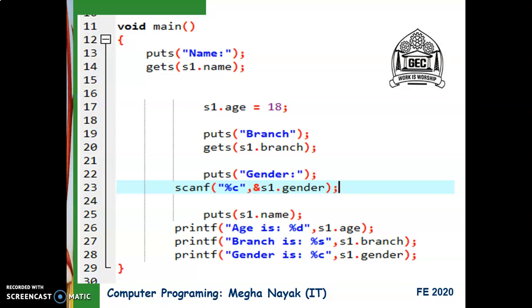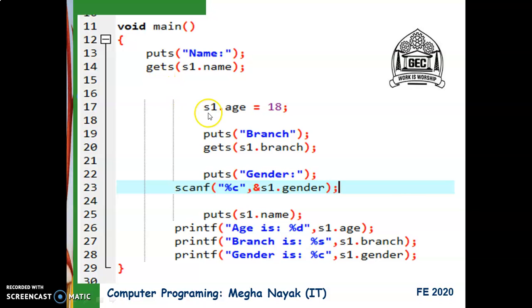Your pop-up shows all the members of your structure. Similarly, I use puts and gets because I'm treating them as strings. And I've already told you in class that I cannot format whatever I take in gets. It's directly going to be the value.